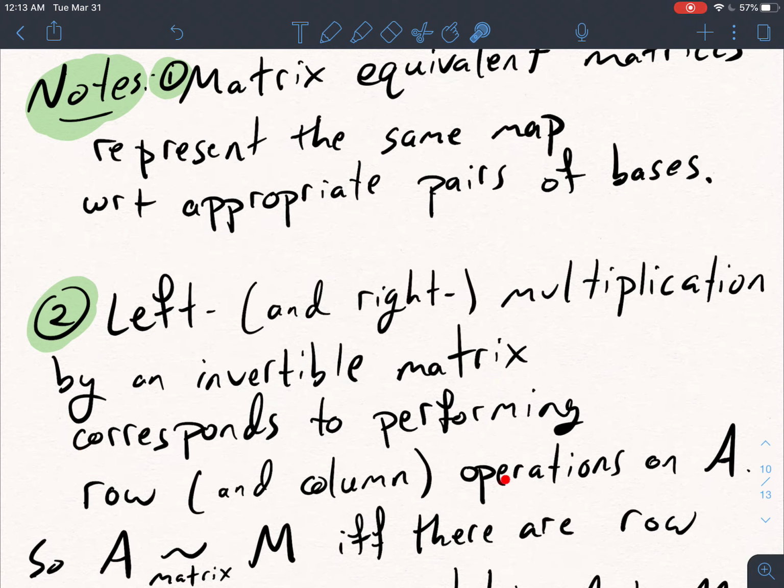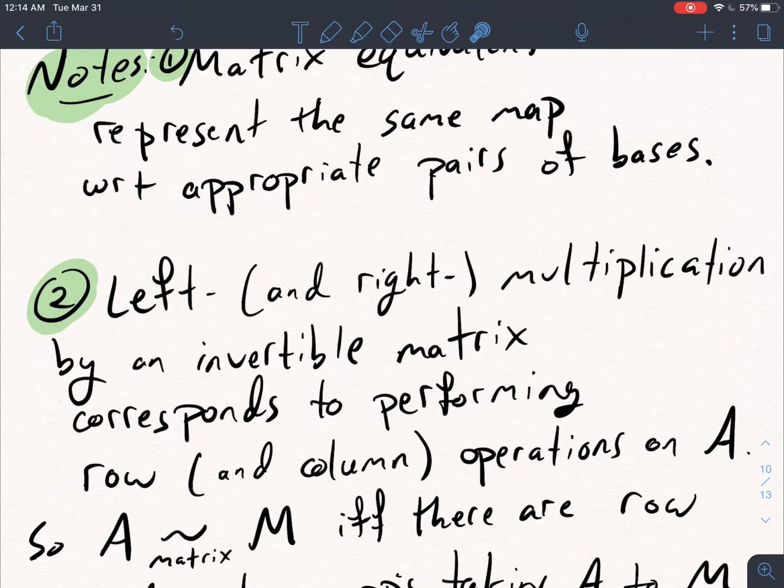So left and right multiplication by an invertible matrix corresponds to performing row or column operations on your matrix A that you're starting with. So we already showed this for row operations. You can multiply by an invertible matrix on the left, and that'll represent row operations. And multiplying by an invertible matrix on the right corresponds to column operations.